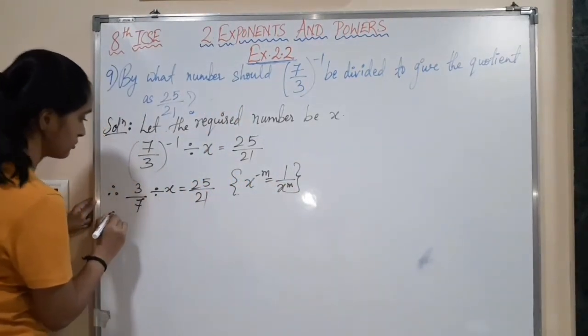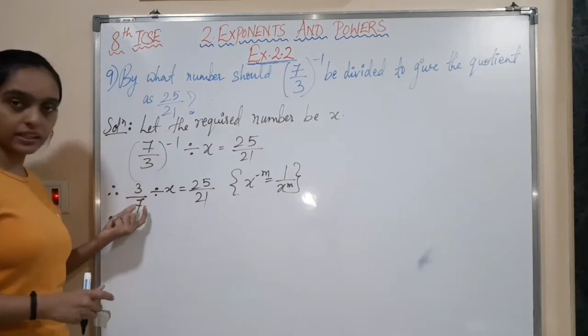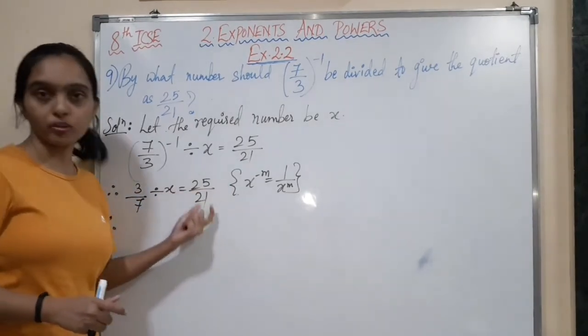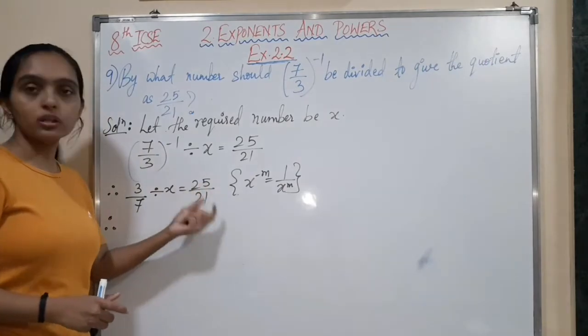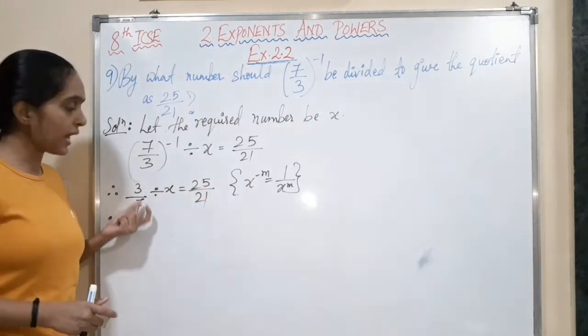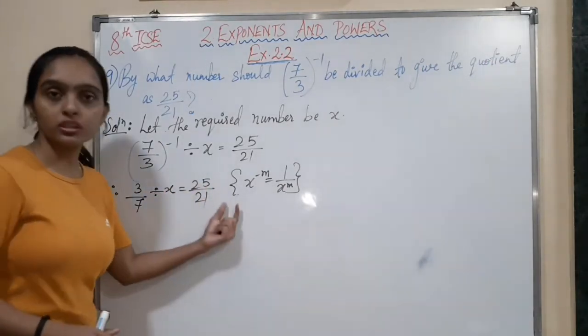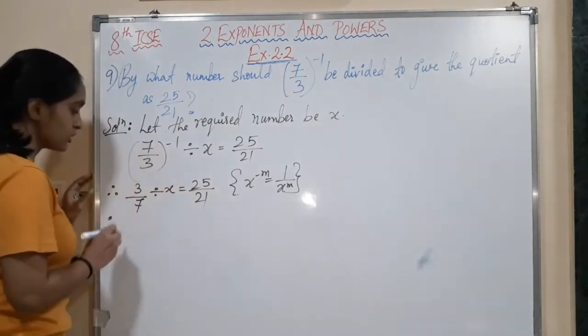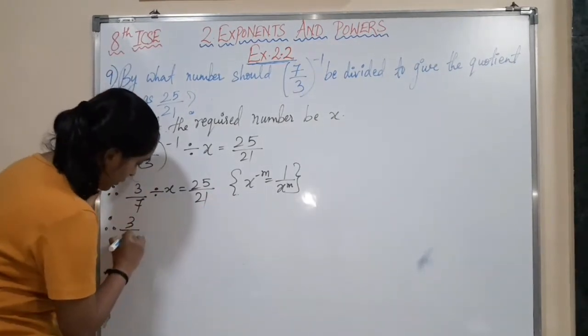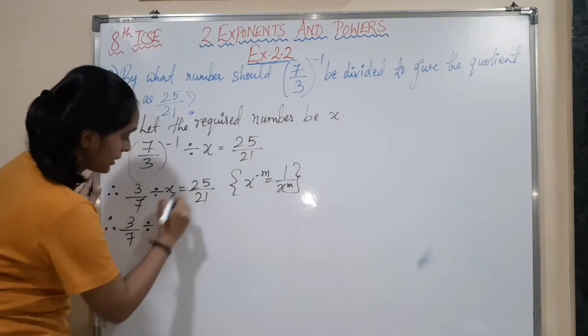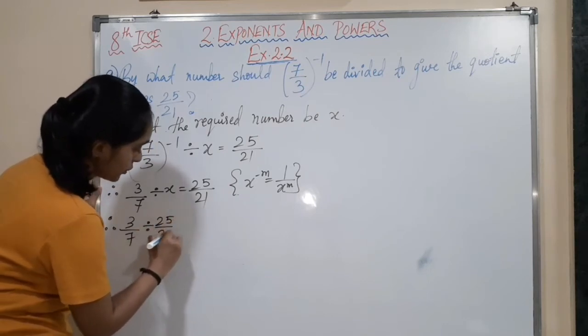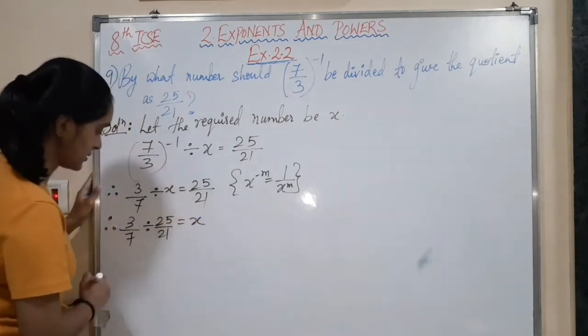Now, as here 3 upon 7 is there, divided by x equals 25 upon 21, we will bring all the constant terms one side and take the variable to the other side. So therefore you will get 3 upon 7 divided by 25 upon 21 equals x.